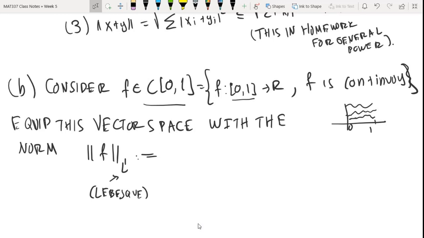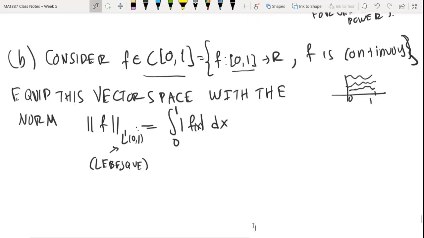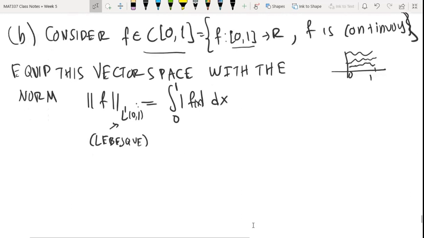That's what the L stands for. And it is the integral of the absolute value of f from 0 to 1. Okay. So we will work with this norm a lot. It will show up many times.